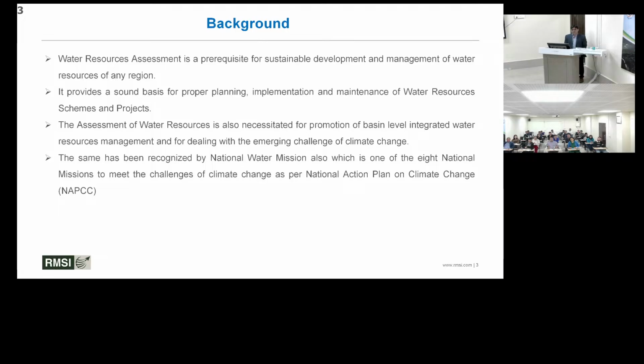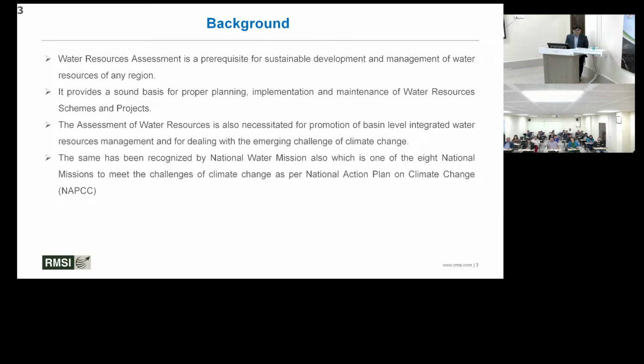If you are setting up a project of inter-river basin transfer, or allocating water to industrial use, irrigation use and domestic use, then you should know the availability, because based on availability, like in yesterday's session we discussed the optimum allocation of water.